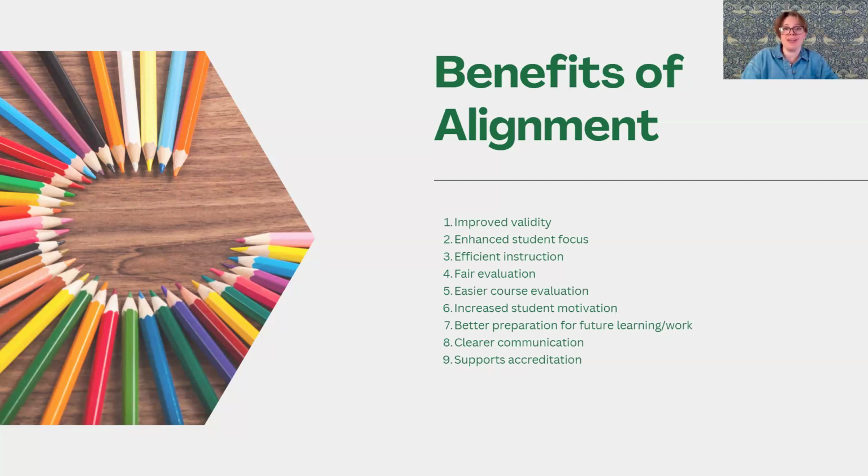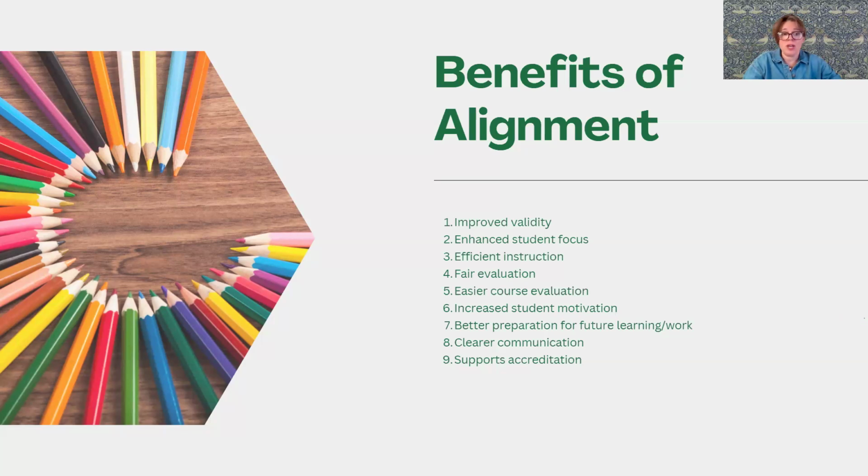If you are targeting your instruction to your objectives, you are getting rid of all the nice to have stuff, but focusing on what you really need to do in order to meet your learning objectives. Fair evaluation, it helps to eliminate the risk of bias, evaluate students based on the same clearly defined criteria and being as objective as possible in doing so.